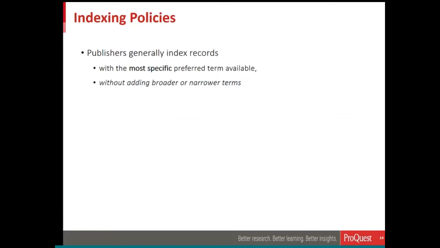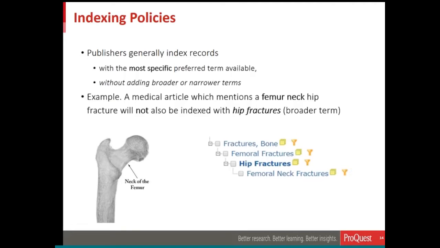And as you saw when we were looking at the hierarchical structure, there are lots of terms that could be on any particular topic. It could be a specific term, it could be a narrower term, it could be a broader term. That record will not include a broader or a narrower term. It'll be indexed with the most specific term that is available in the thesaurus.